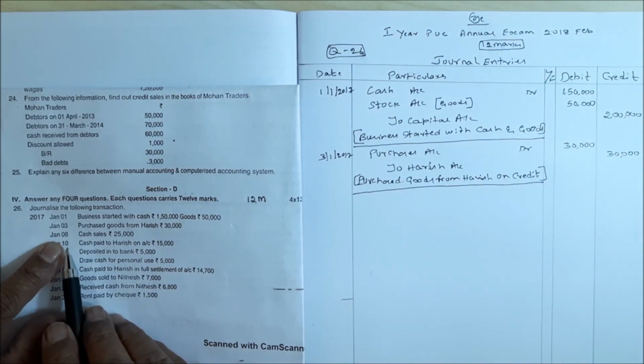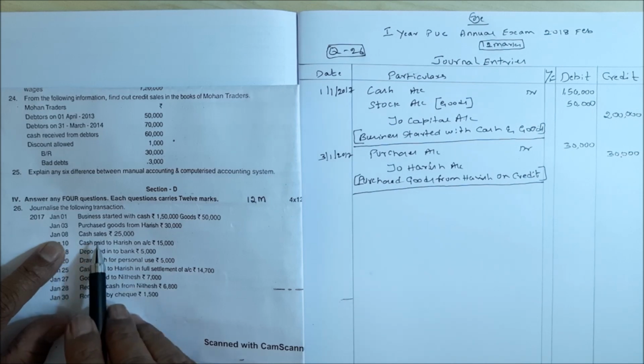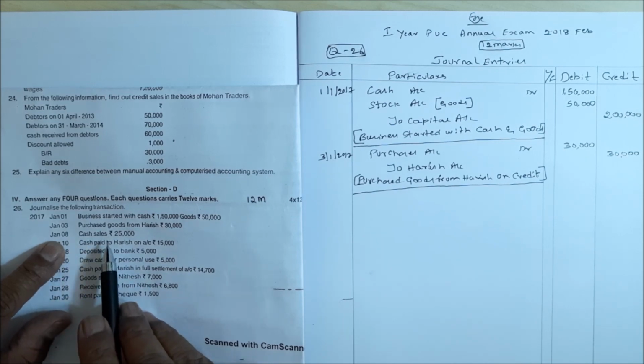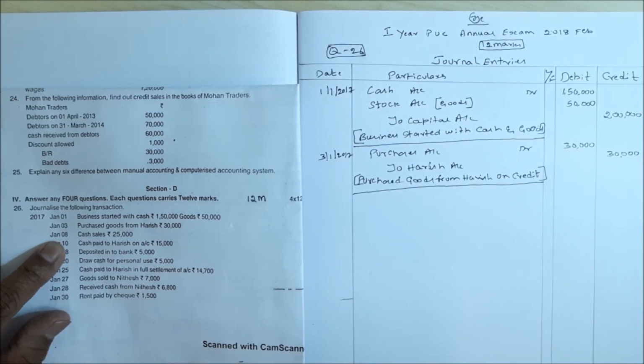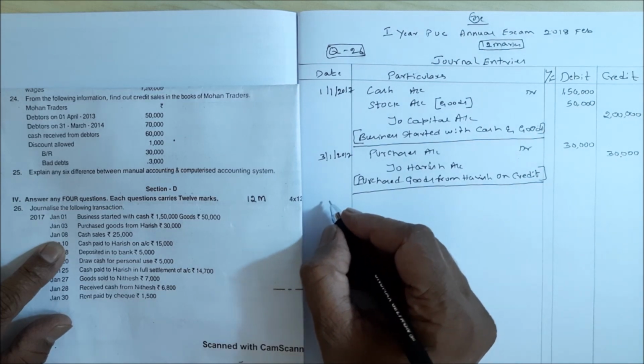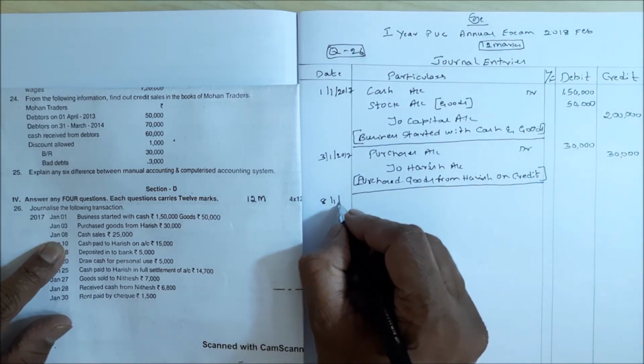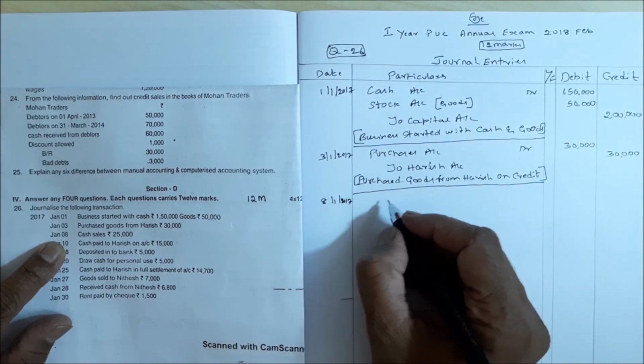Then next, 8th January, cash sales. It is very simple. Whenever you say cash sales, that means goods sold for cash. So date is 8/1/2017.